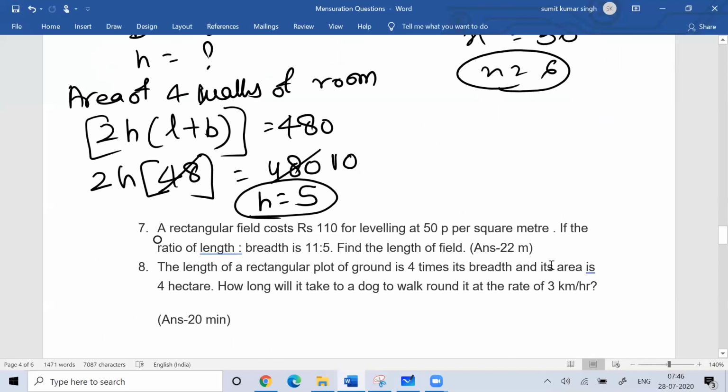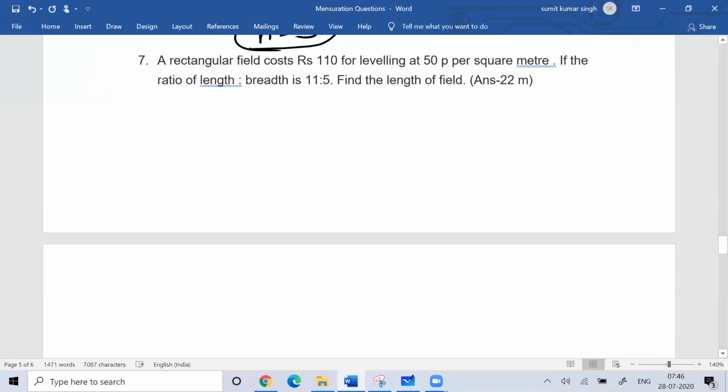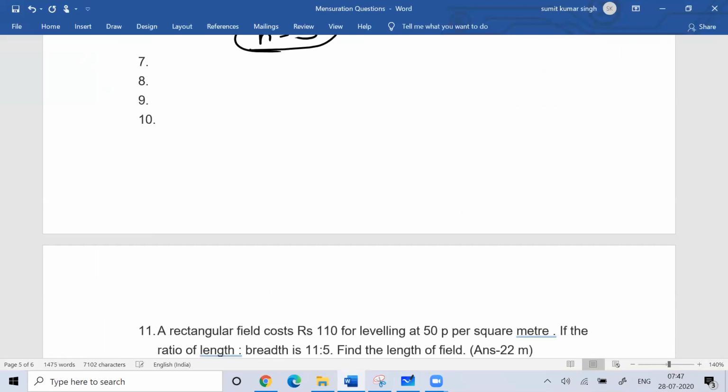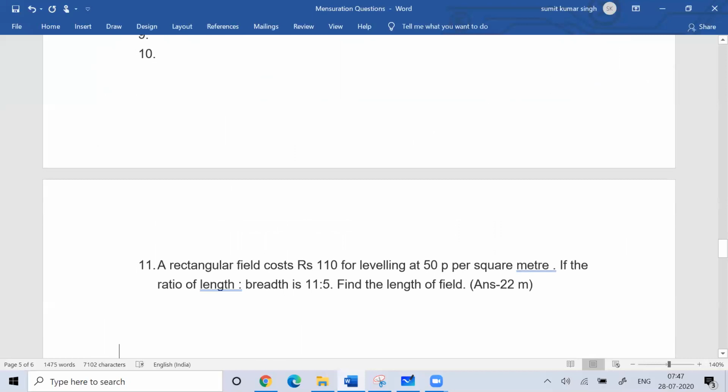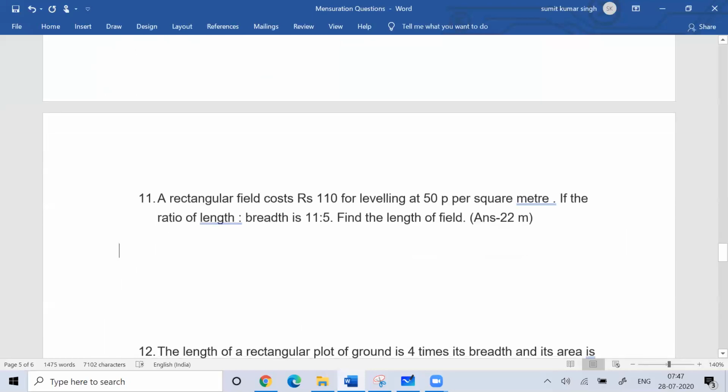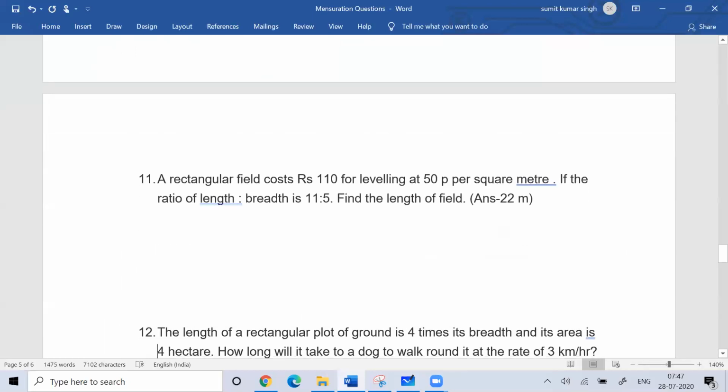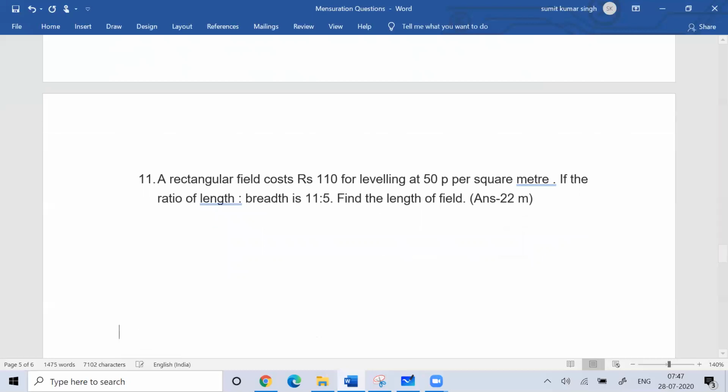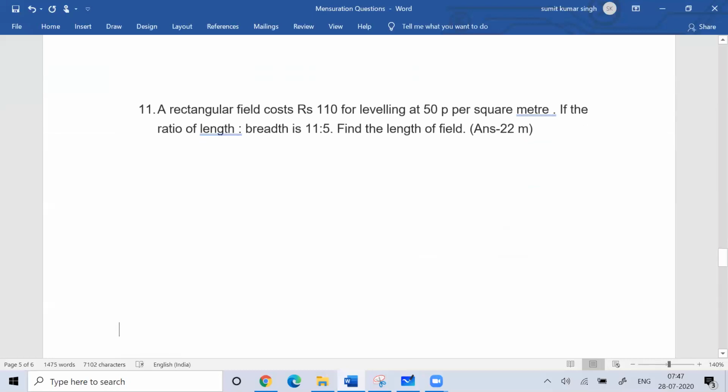Then the next question you can see, that rectangular field costs 110 rupees for leveling at 50 paisa per square meter.